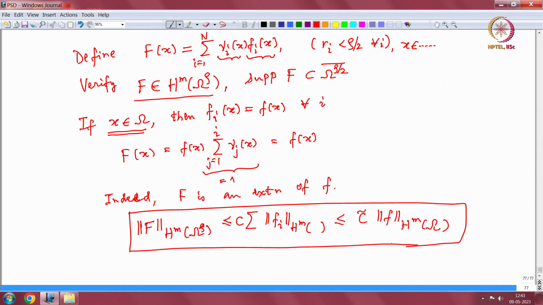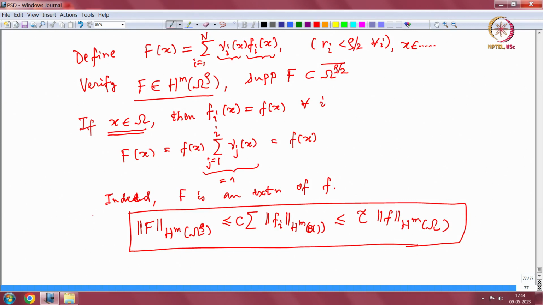So that is the required estimate, coming from the assumption that each f_i is an extension of f satisfying certain bounds. Let me not write everything.